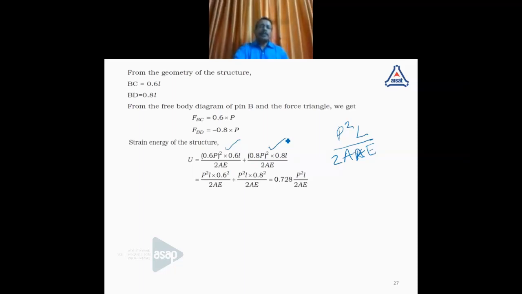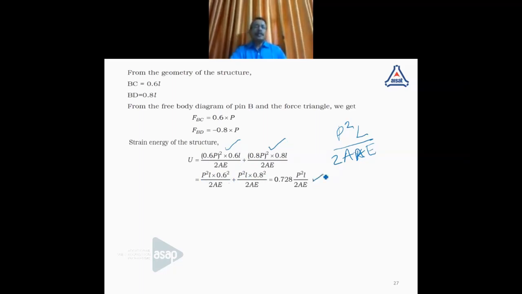We multiply this and then add them together to get the total strain energy of the two components of the system, which is subjected to a single force.